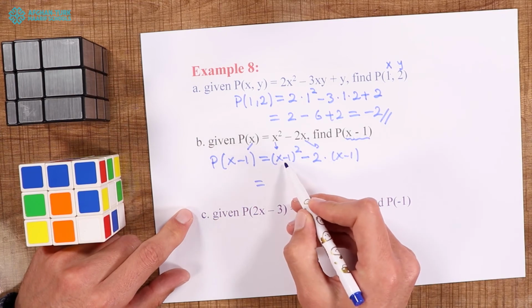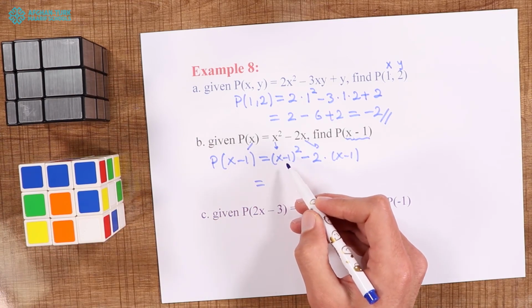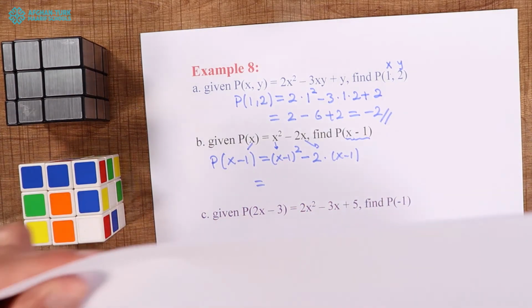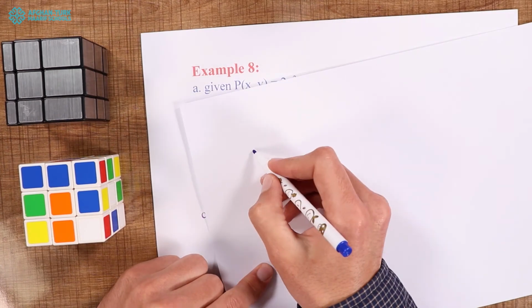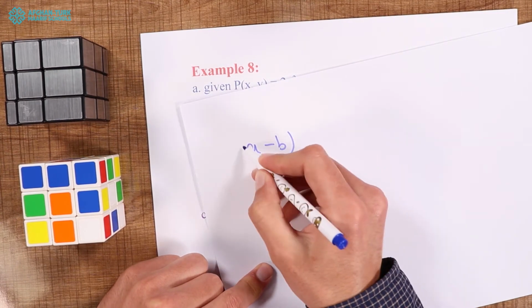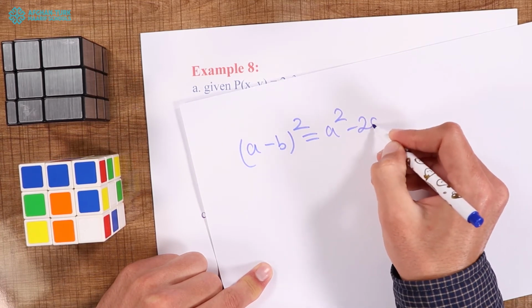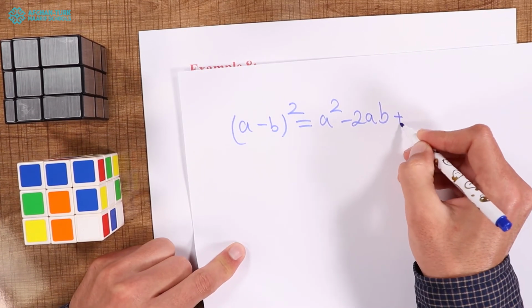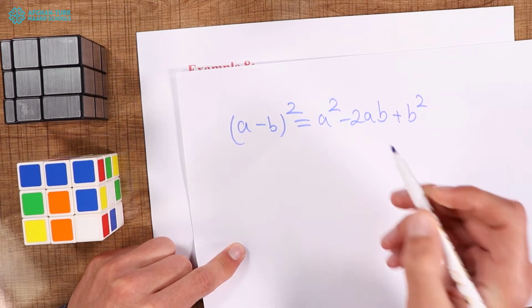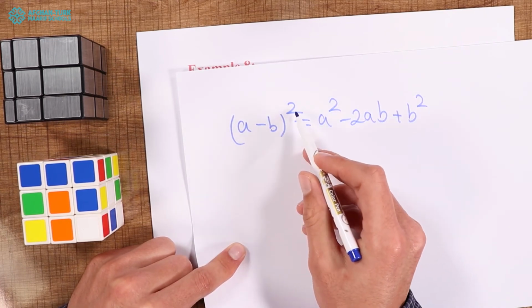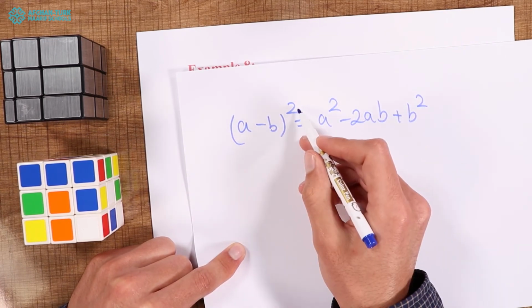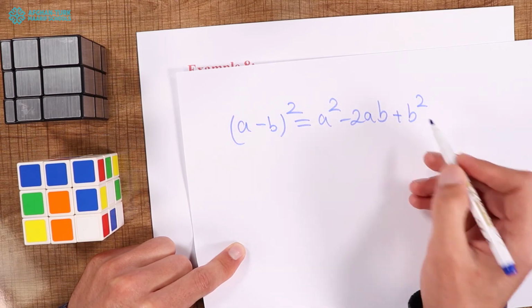After that, by identities, and here we have an identity you learned before, which was a minus b squared is equal to a squared minus 2ab plus b squared. To remind you, a minus b or a plus b squared is a squared minus 2ab plus b squared.